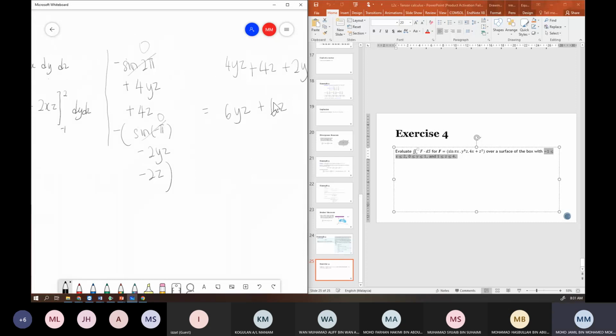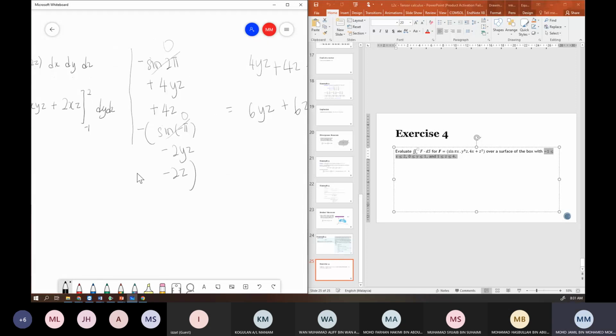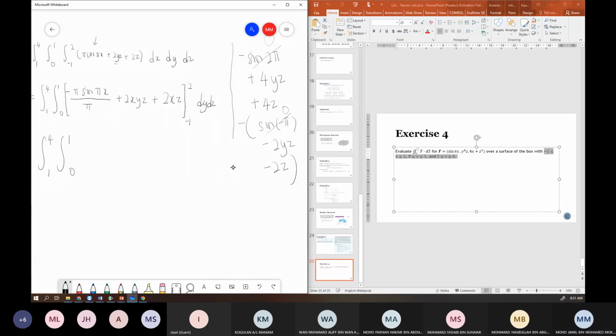Then we just substitute this into the evaluation here. So we get the integral from 1 to 4, from 0 to 1, of 6yz plus 6z. Repeat the process for y.